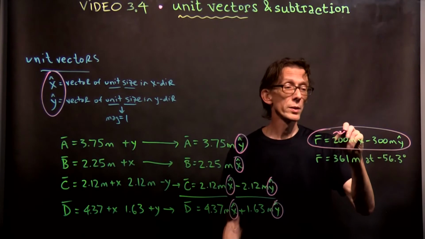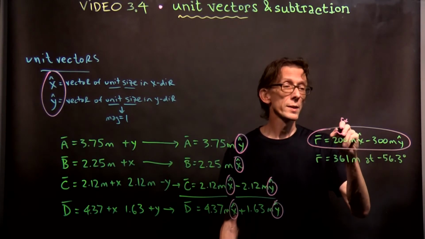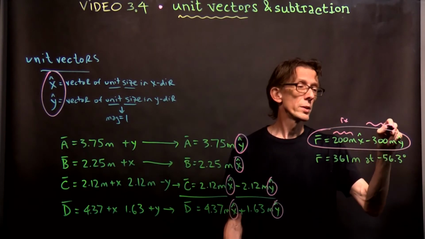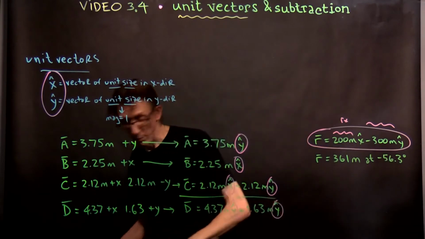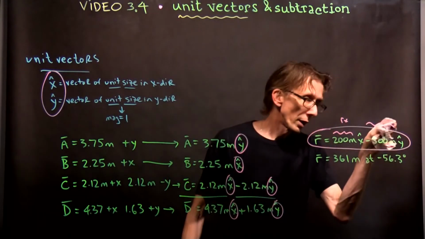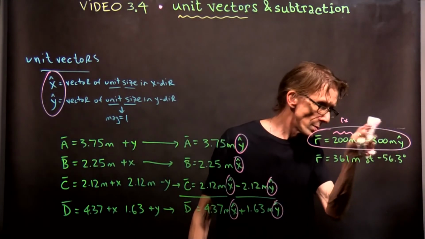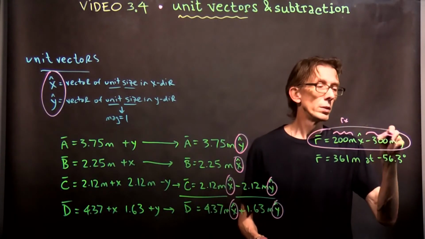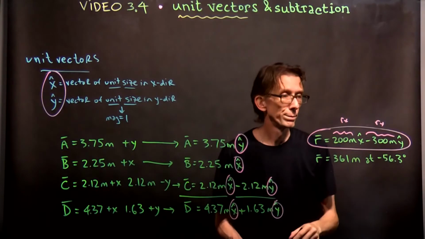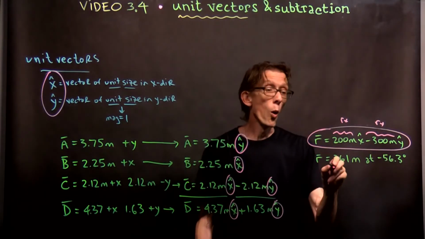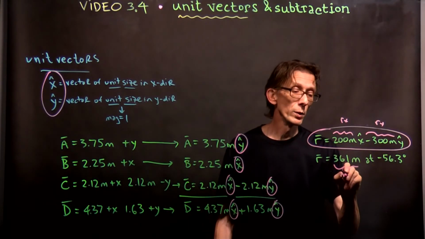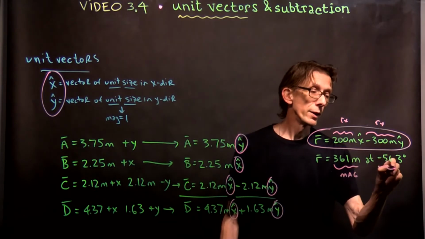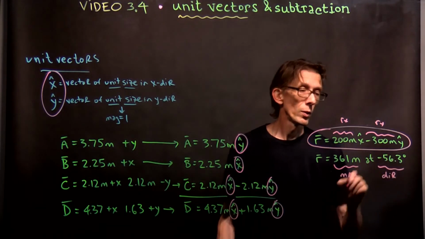Because 200 meters is Rx, negative 300 meters is Ry. You can do it in terms of components or in terms of its magnitude and direction.